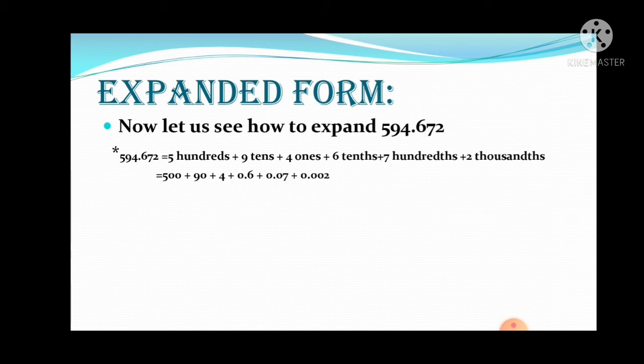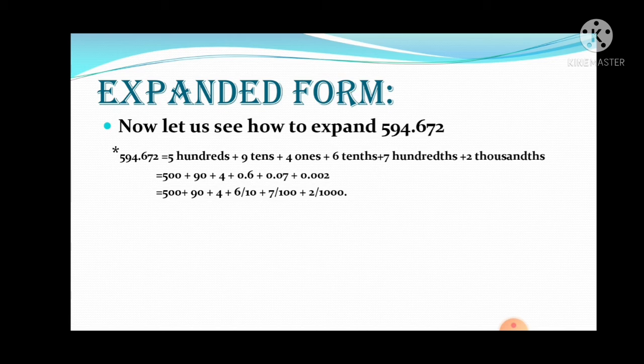If we add all this, we get the number again, 594.672. After this second step, the third step is 500 plus 90 plus 4 plus, and we can write the decimal parts as fractions.